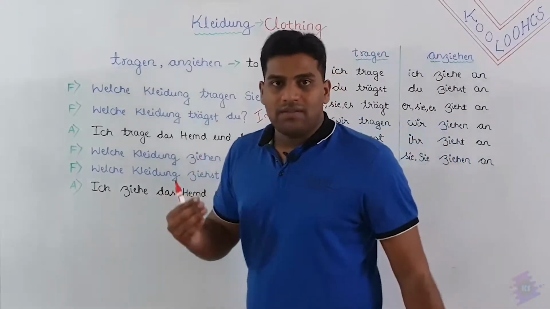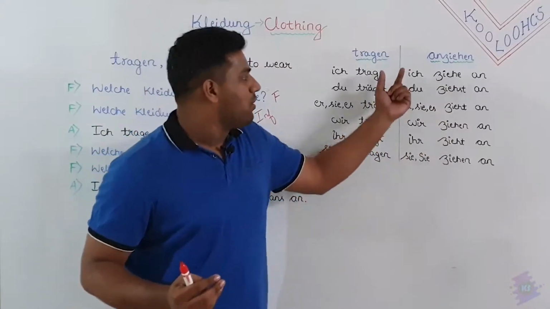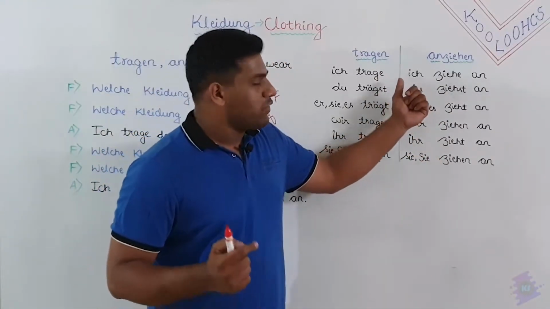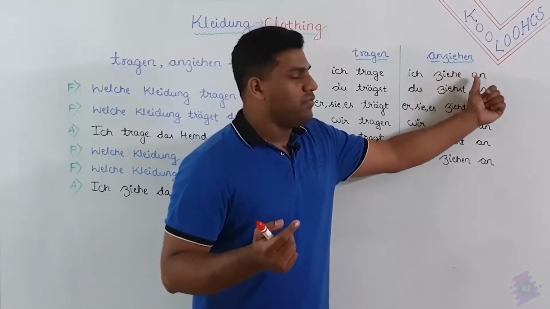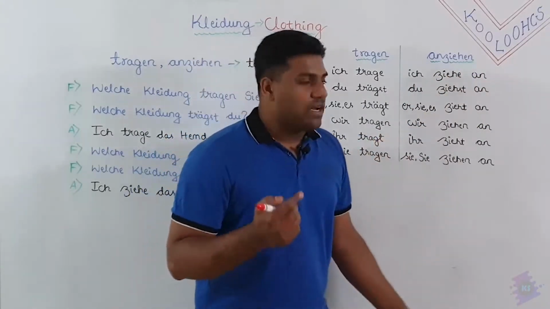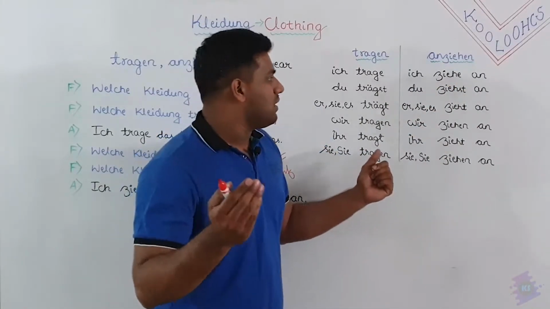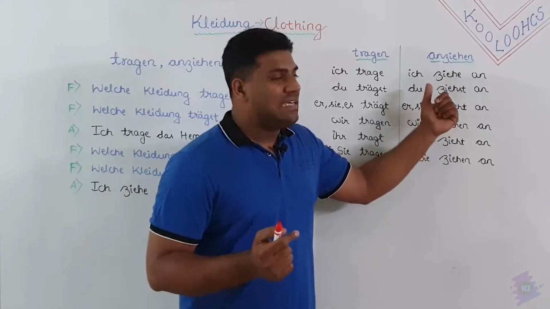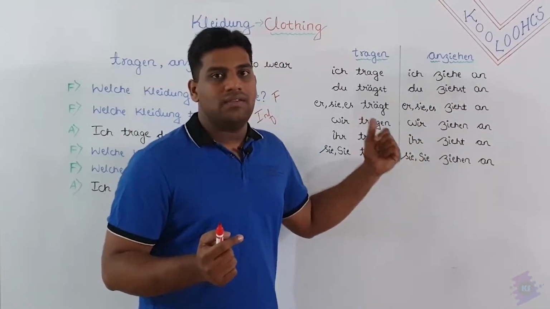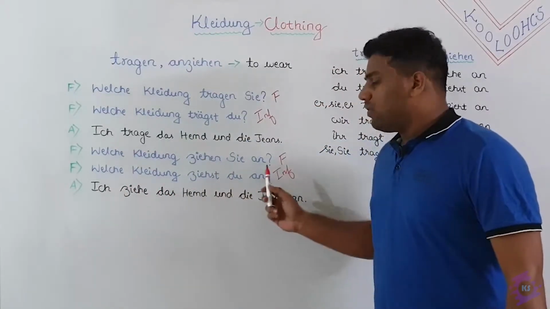So let us understand the verb anziehen more with its conjugation according to different pronouns. For first person singular it is ich ziehe an. That is ich ziehe and the prefix an in the end. The second person singular will be du ziehst an. And he, she, it wears will be er, sie, es zieht an. In a sentence it will be like this: Sie zieht das Hemd und die Jeans an.